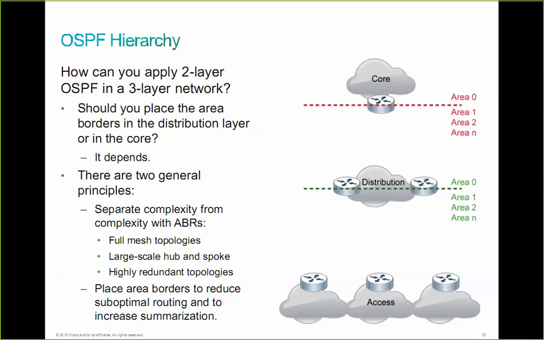OSPF v3, which is OSPF for IPv6, they're implemented as completely independent protocols. Which means that how you decide to implement your ABR design, what types of areas you make special and what types of areas are not special, it's going to be entirely different for each protocol stack.